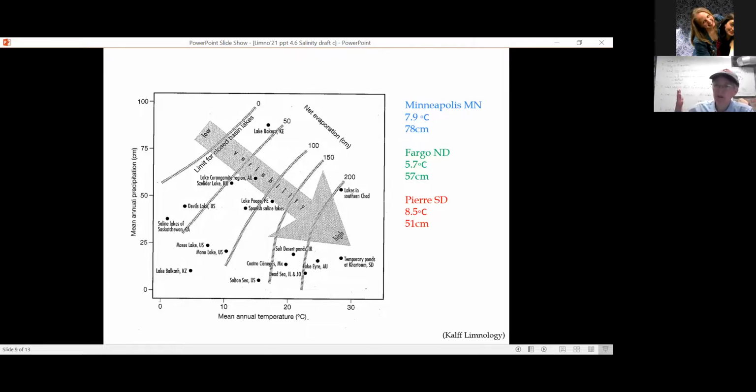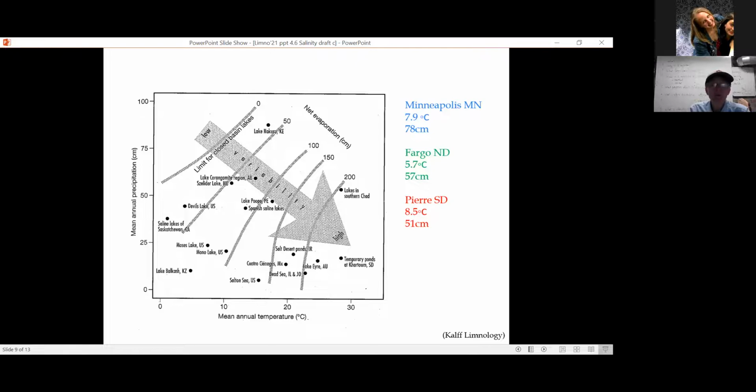Although water evaporating is determined by temperature. So what we have here is a graph of the world with the average annual temperature of a place on the x-axis and the average annual precipitation, rainfall, water in centimeters on the vertical axis, the y-axis.